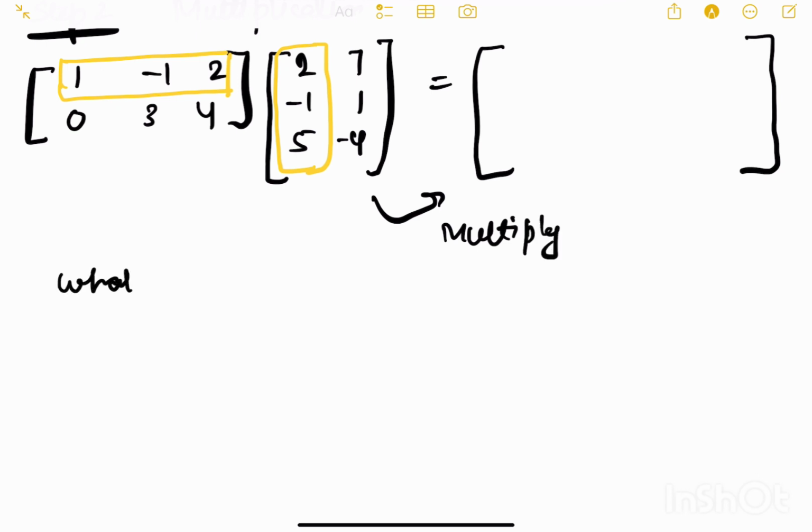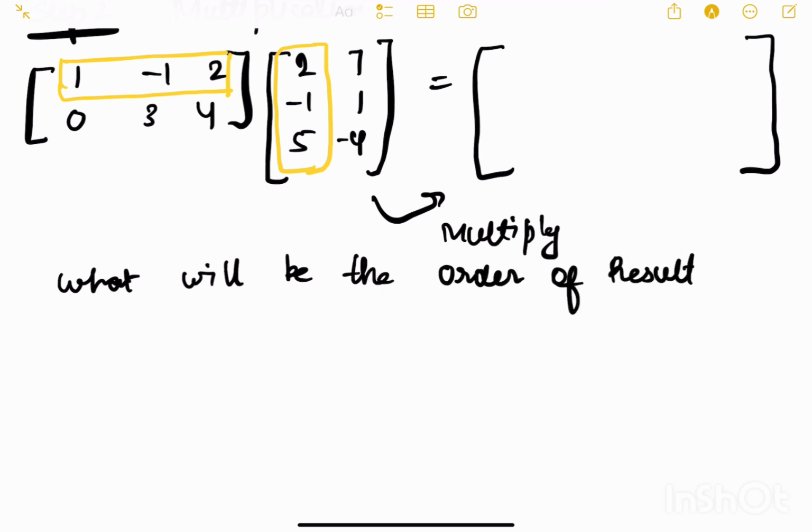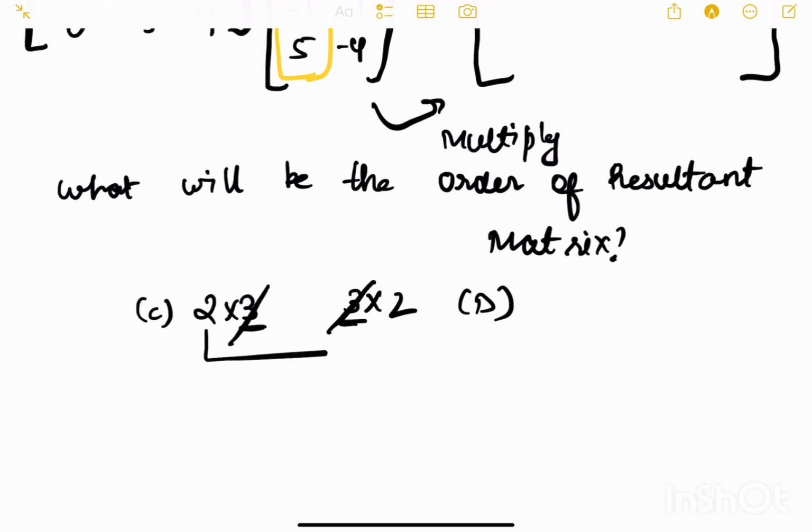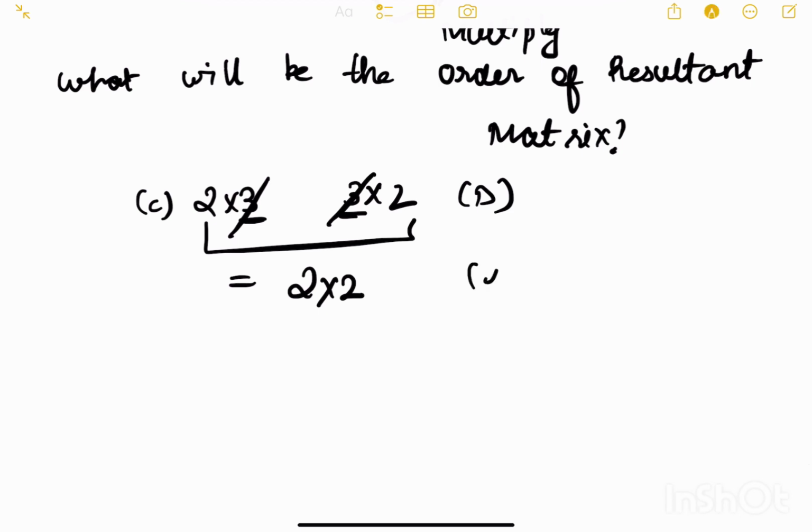What will be the order of the resultant matrix? That is also an important question, isn't it? So the order will be, first of all, just write the order side by side. This was the order of the matrix C and this was the order of the matrix D. Now, since these two values are equal, we will just ignore them, and we will write the remaining numbers side by side.